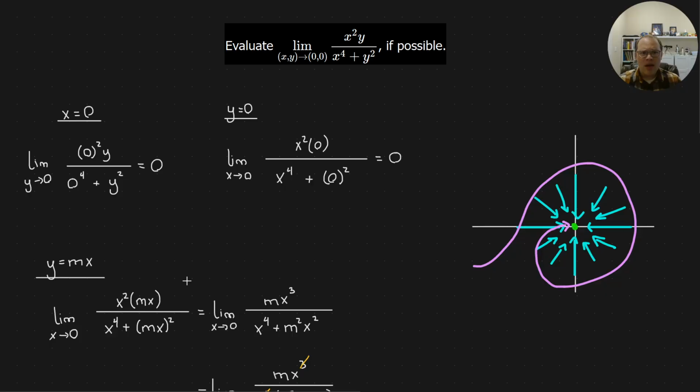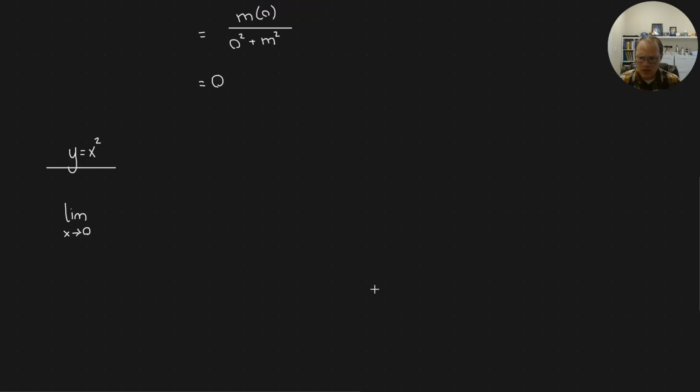Okay, and so I have what? x squared y over x to the 4th plus y squared. So x squared y, where y is x squared, divided by x to the 4th plus y squared, and y is x squared. So there's my y, and that y is squared.